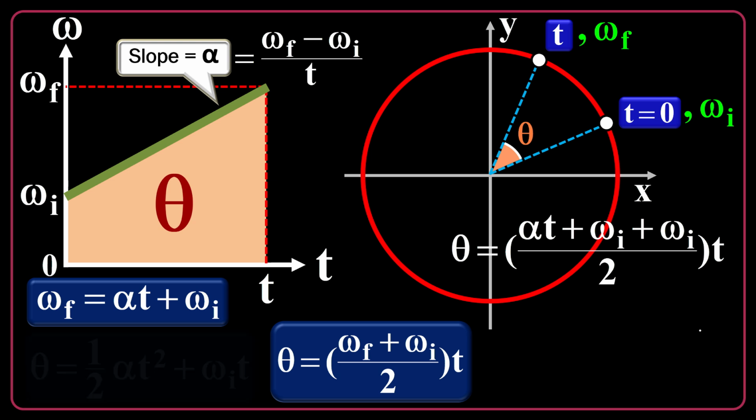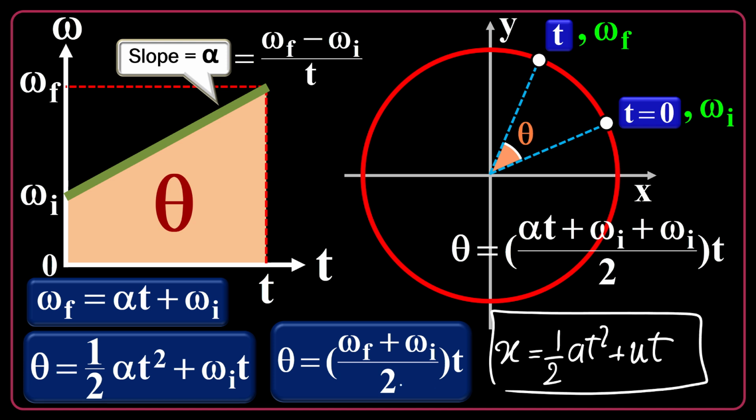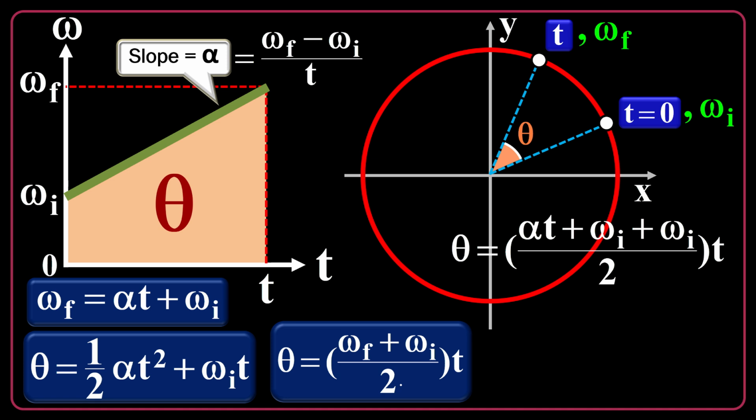And if we rearrange this equation, I will have theta equals a half of alpha t squared plus omega initial times t. It's very similar to x equals a half of a t squared plus ut in linear motion. Very similar.